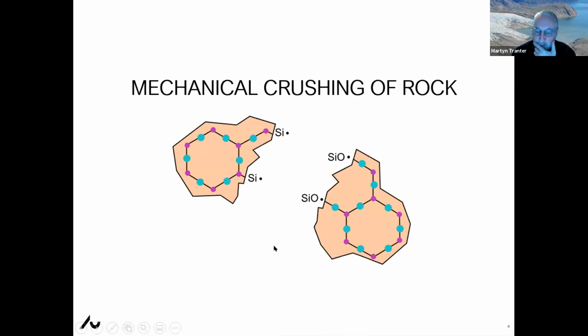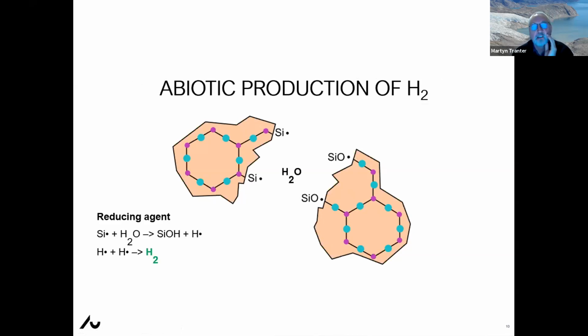They're ruptured SiO bonds. Now the wacky thing is, if you wet this crushed silica, the silica surface radicals split the water. They grab OH to make their surface nice and chemically stable, and they leave behind hydrogen radicals.